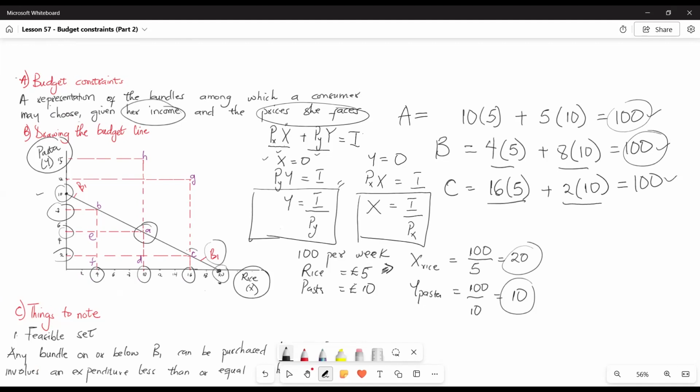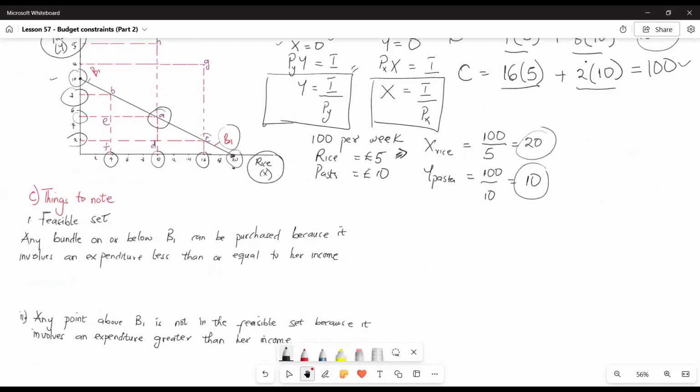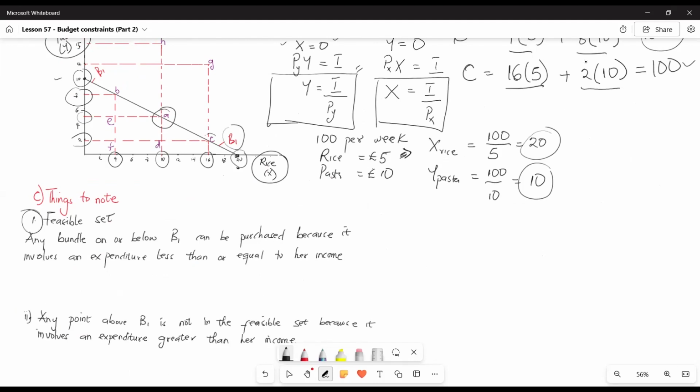Now let's note some things about this budget line. The first thing to note is what we call a feasible set. Any bundle on the budget line or below the budget line can be purchased because it involves an expenditure less than or equal to her income. This collection of bundles that can be purchased is referred to as a feasible set. Let's look at an example of these feasible sets.